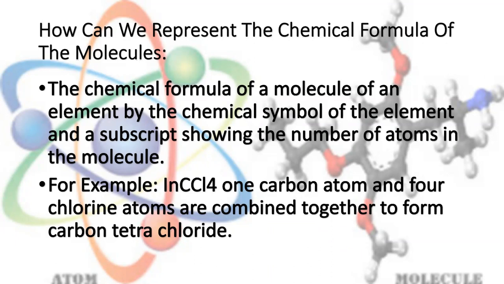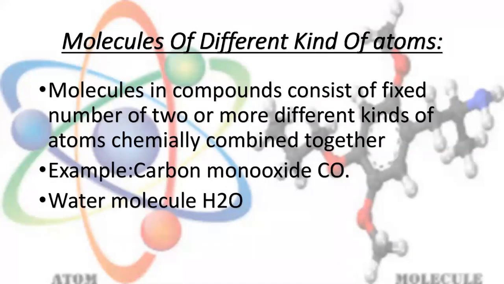Carbon tetrachloride. If we move backward, then see H2O. H and O are the symbols for hydrogen and oxygen, and 2 is a subscript which shows that 2 atoms of hydrogen are used here.